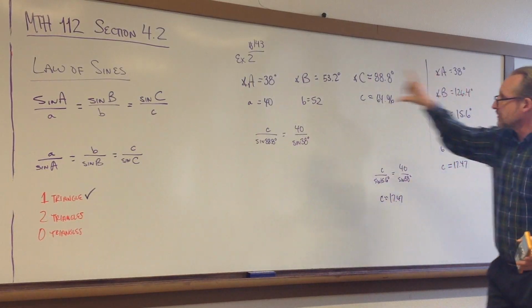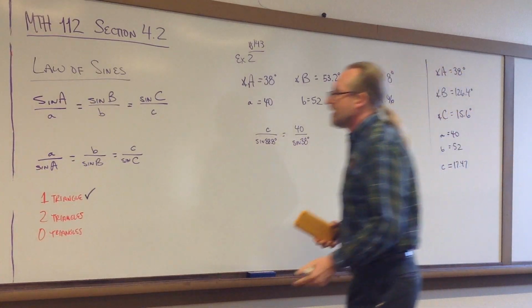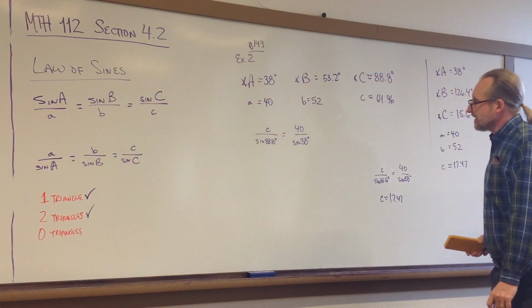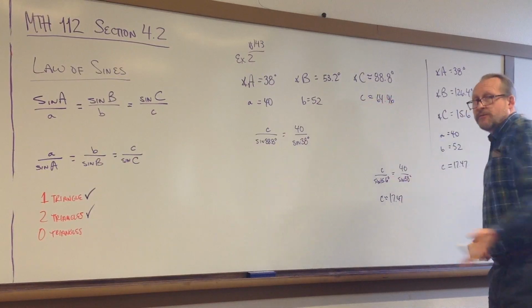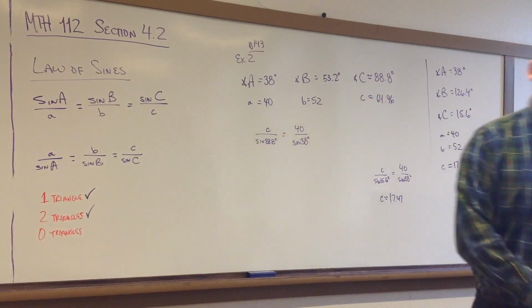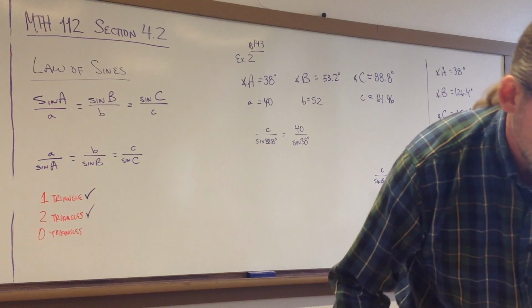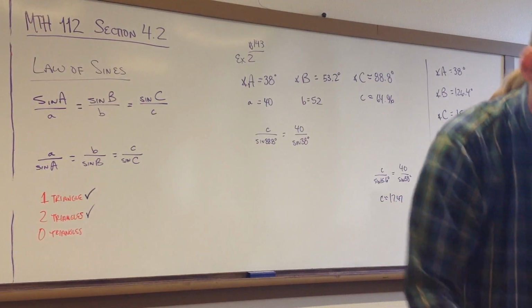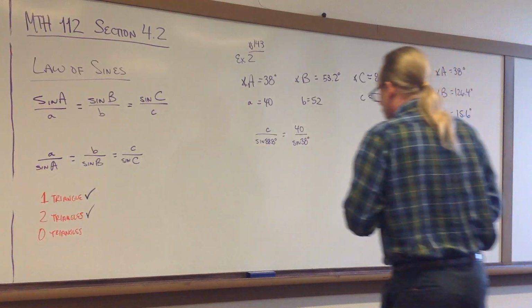Okay, so there's our 2 possible triangles for this, the ambiguous case of the law of sines. And in reality, we haven't been given enough information to figure out which of those triangles we're supposed to be talking about. Okay, one more example.